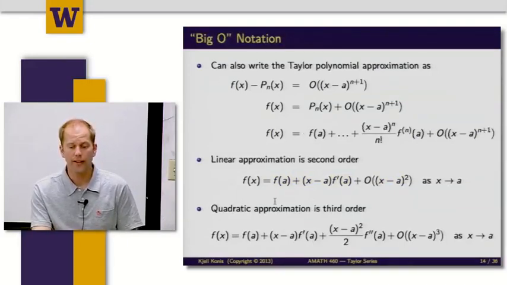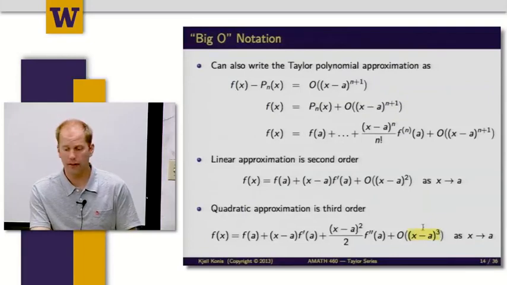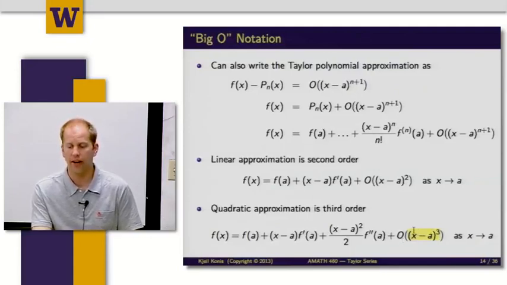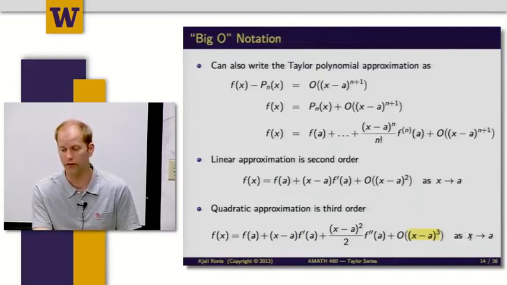And the quadratic approximation then is going to be a third order approximation, because where this term is coming from is either the derivative form or the integral form of the Taylor approximation error. So I have that x minus a cubed is describing the growth of the approximation error, how fast it shrinks as x goes to a.